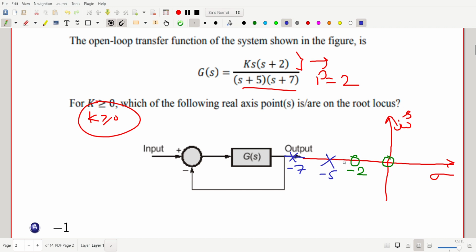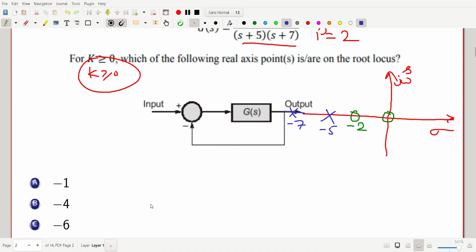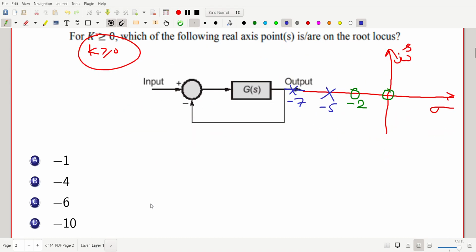The options they are giving are minus 1, minus 4, minus 6, and minus 10. They are asking which real axis points lie on the root locus.